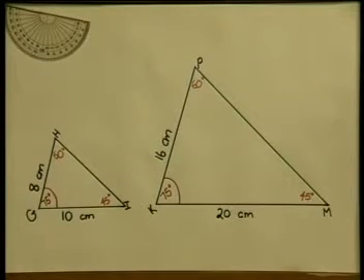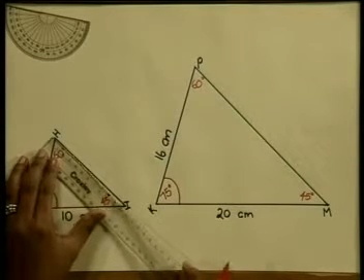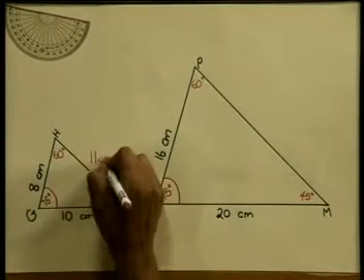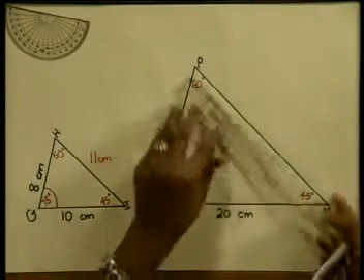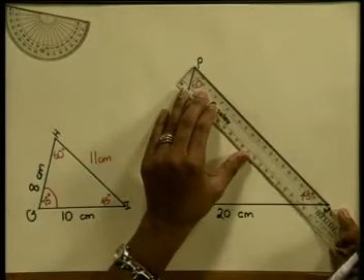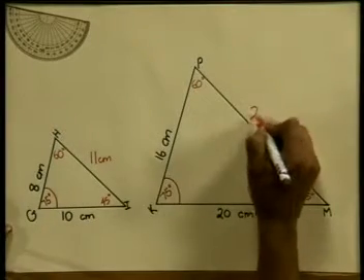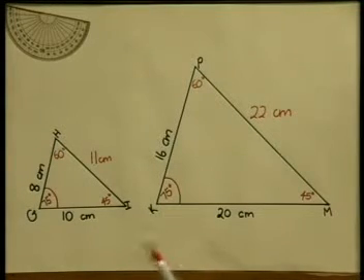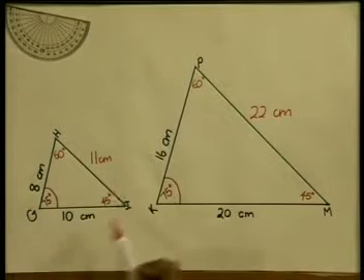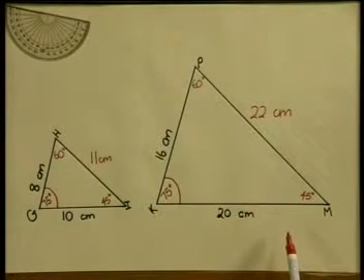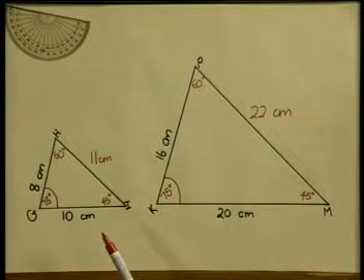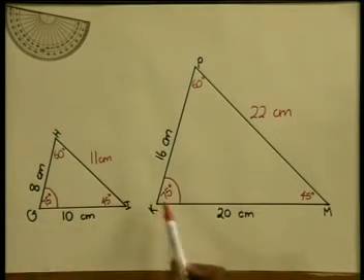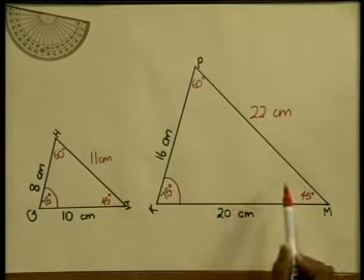Now, using a ruler, let's measure the missing lengths. HI is 11 centimeters. PM is 22 centimeters. So we see that all sides of this triangle and this triangle are in proportion. They are proportional in the ratio 1 to 2, and the angles are all equal to each other.